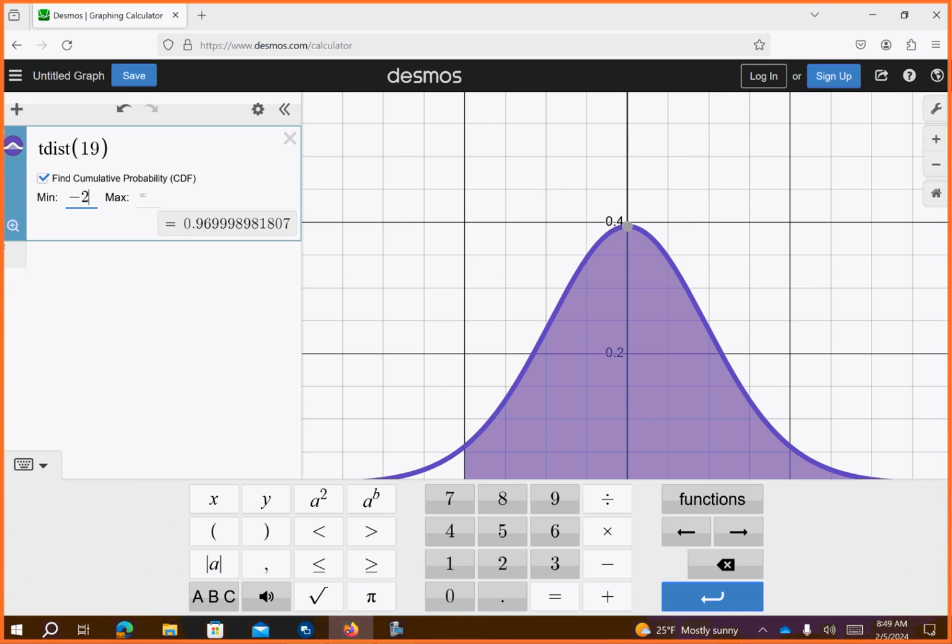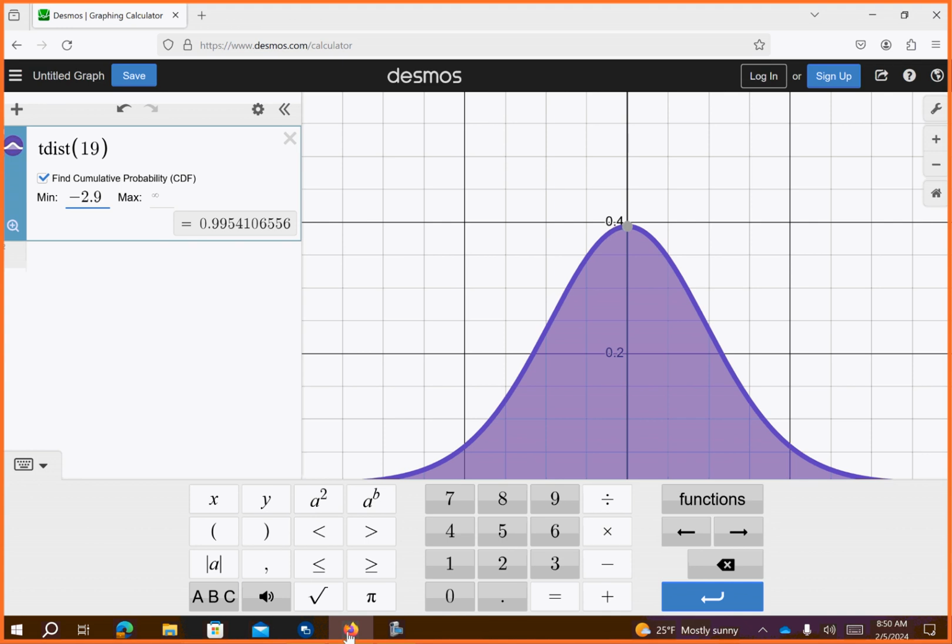I wanted to get to 0.995. So let's go 2.3. That's not quite enough. Maybe 2.9. Do you feel comfortable we're really close to that?